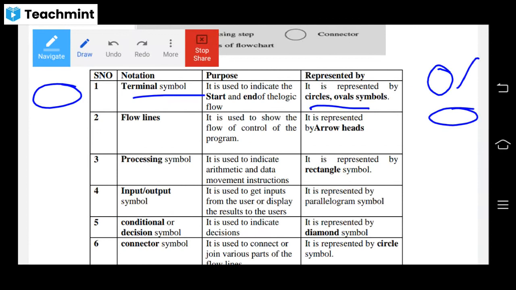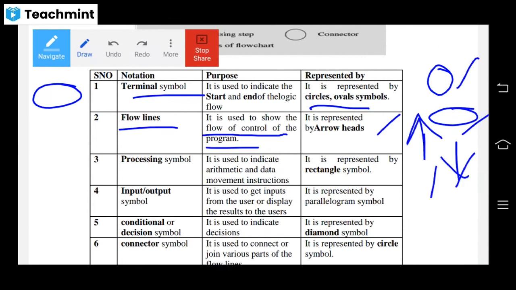Next we go through the flow lines. The purpose of the flow lines is to show the flow of control of the program. It is represented by arrowheads, like this. It shows the data flow related to the problem.